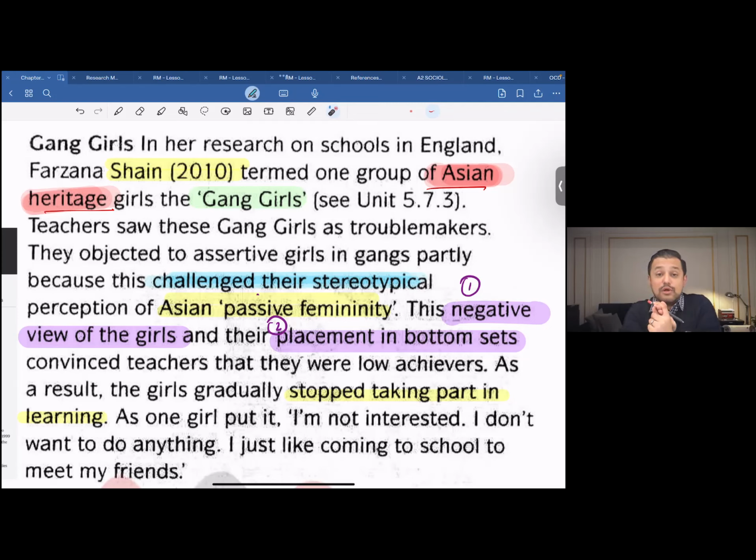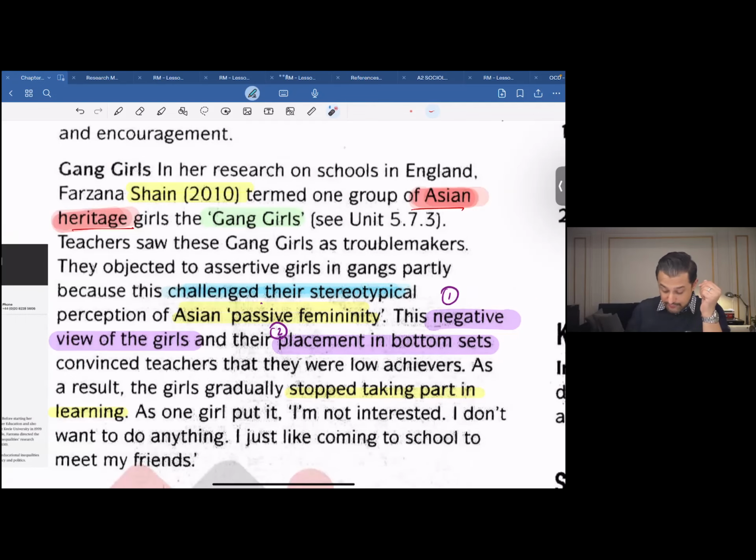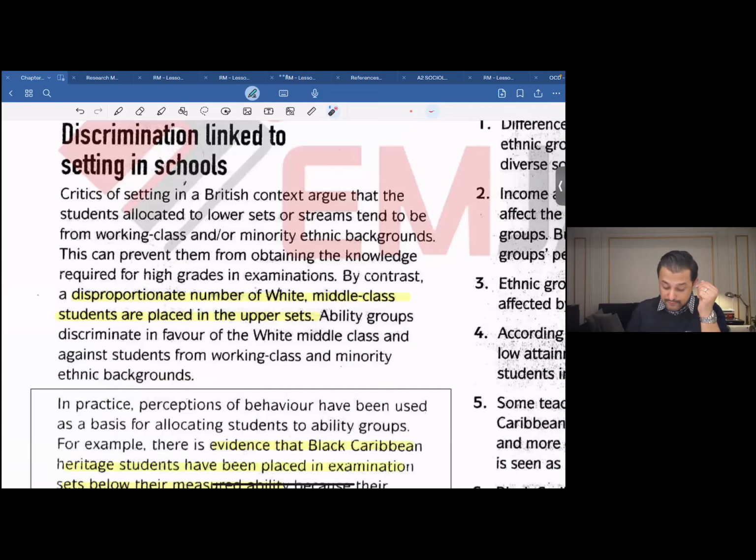And towards the end, we spoke about the study conducted by Farzana Shain in 2010. All of these five theories, we use them to discuss the extent to which racism within schools affects the educational performance of pupils.